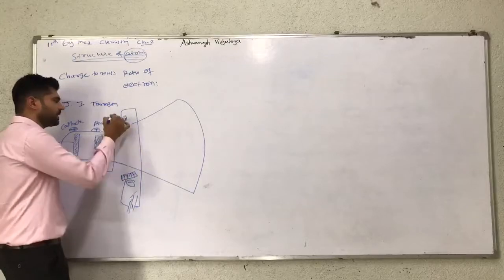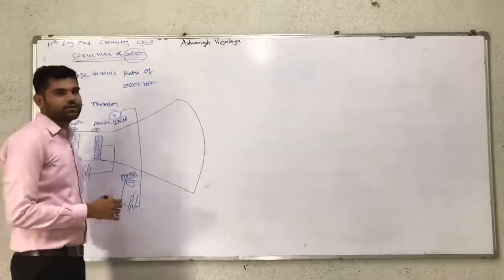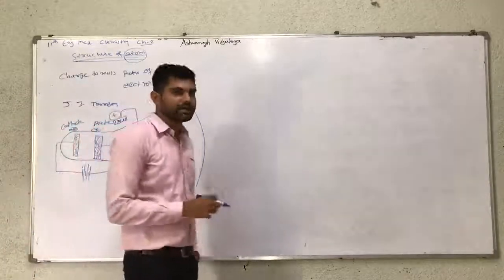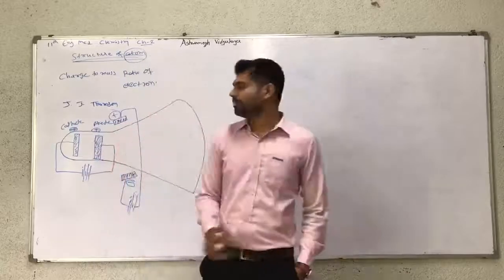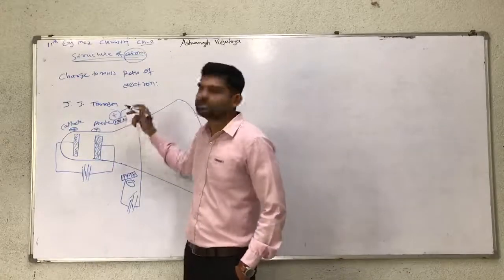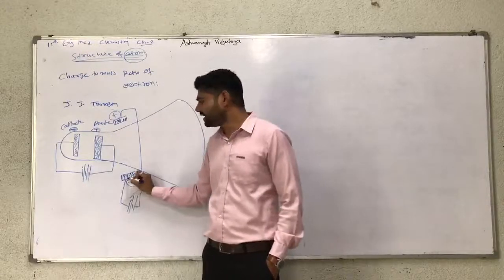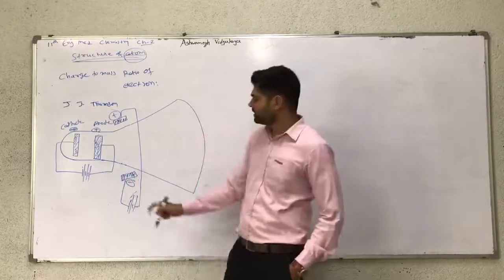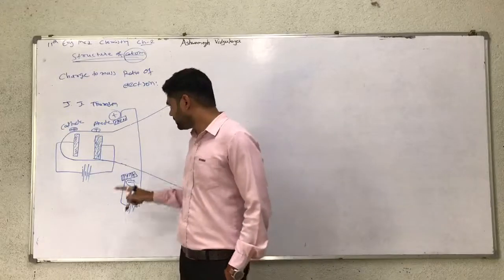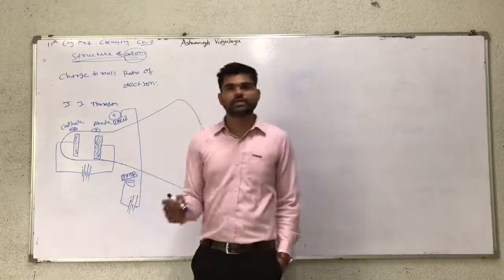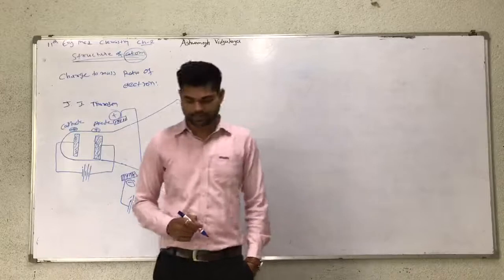This part is negative, and this part is positive because the anode is the positive part. So this metallic plate contains positive charge, and this rod is connected with negative. So this is the negatively charged plate.